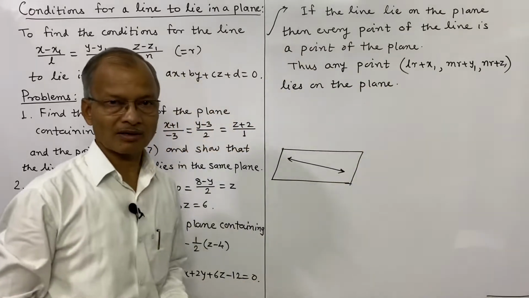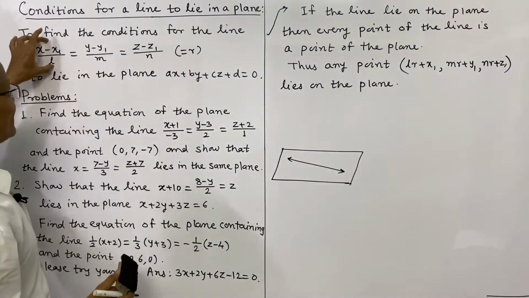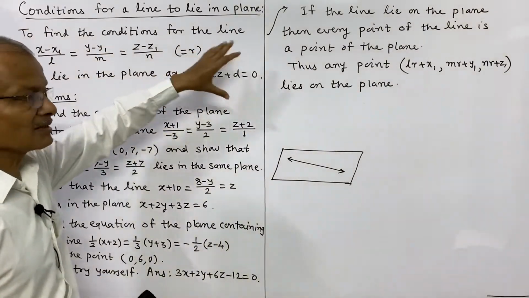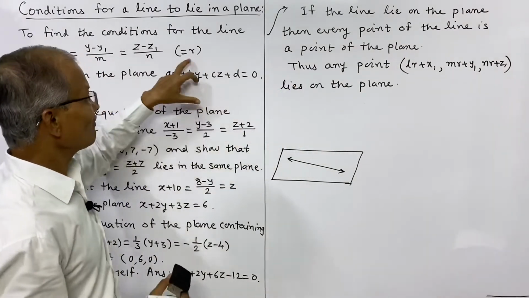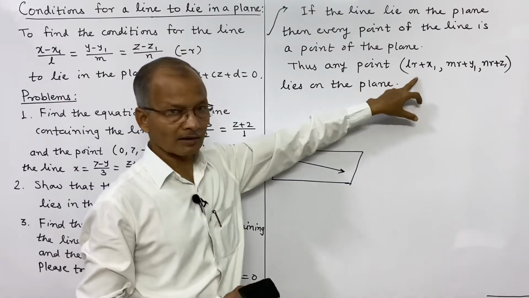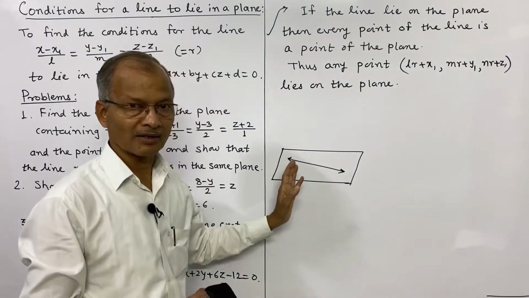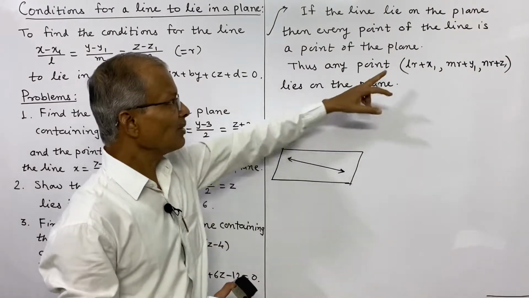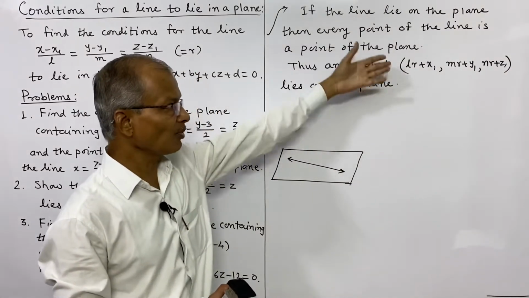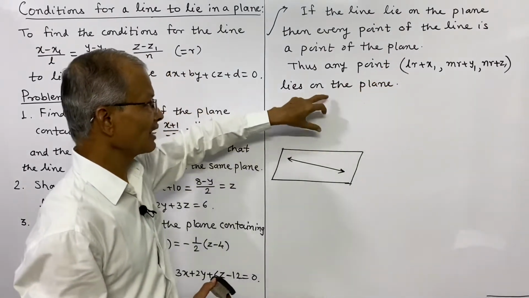This is the point on the line that we have considered by equating each ratio to r. r is any number. For any value of r, the point can be obtained, and there are infinitely many points on the line. If r varies, the point will change, and thus any point of the line is given by these coordinates, and this lies on the plane.